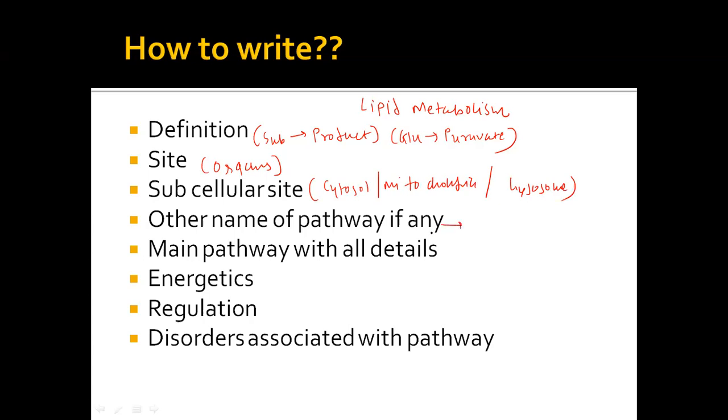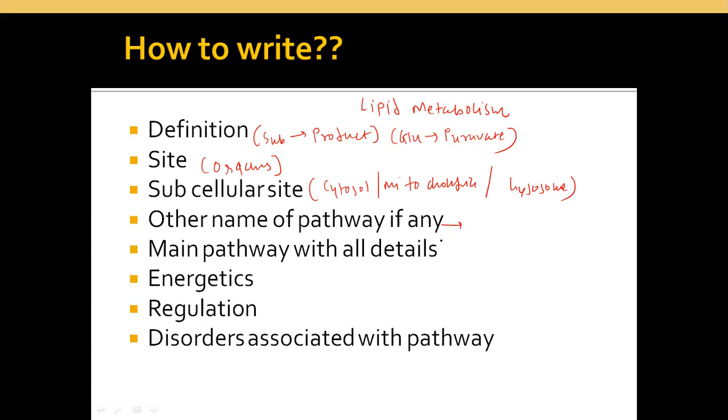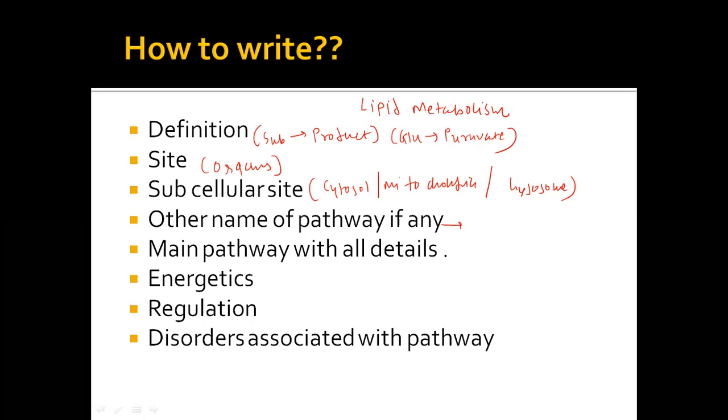Other name of the pathway, that also you have to remember. So suppose Embden-Meyerhof pathway, which is another name of glycolysis, that also you should remember. Then the major steps of the pathway, where you have to write the complete reaction.